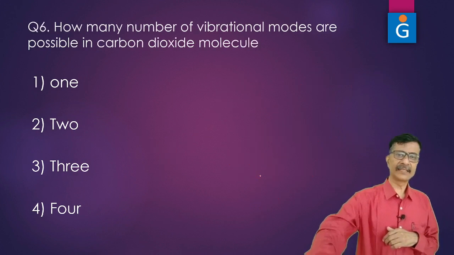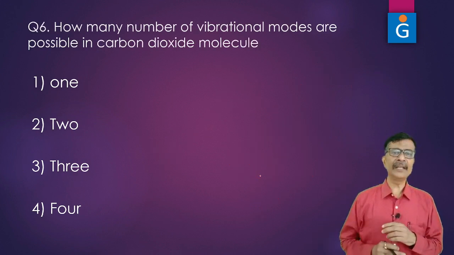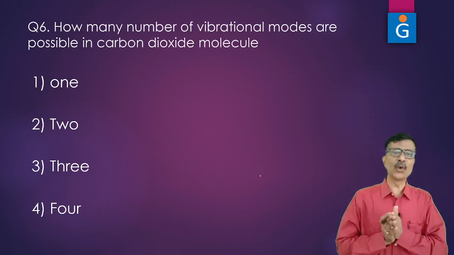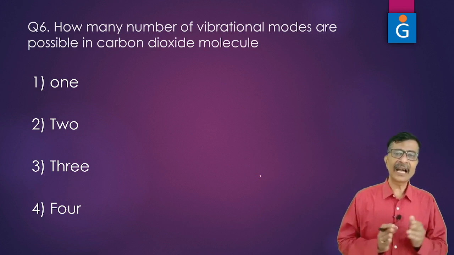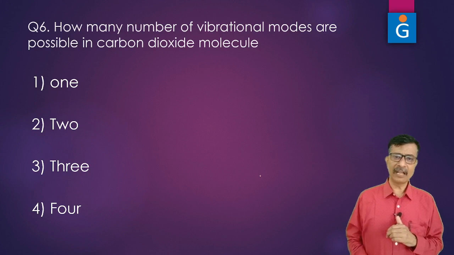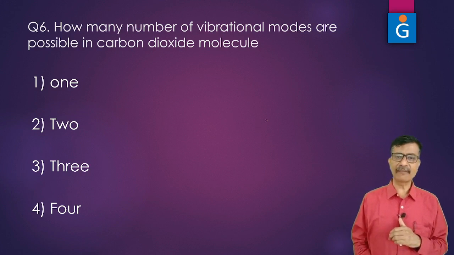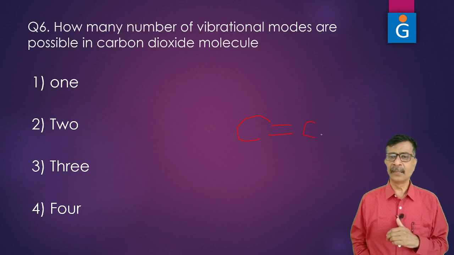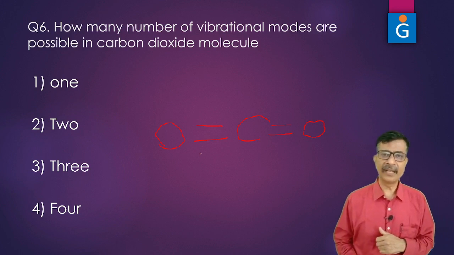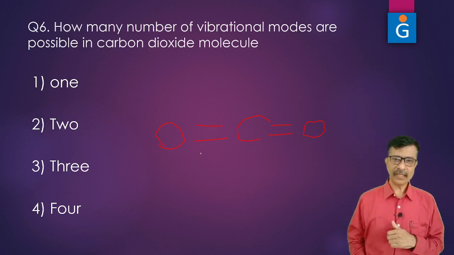Moving to the next, how many number of vibrational modes are possible in carbon dioxide molecule? Now when we look at the structure of carbon dioxide, carbon, C double bond O and C double bond O. This is your carbon dioxide molecule. Now this carbon dioxide is a linear molecule.